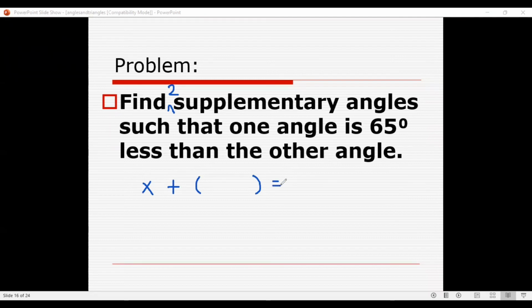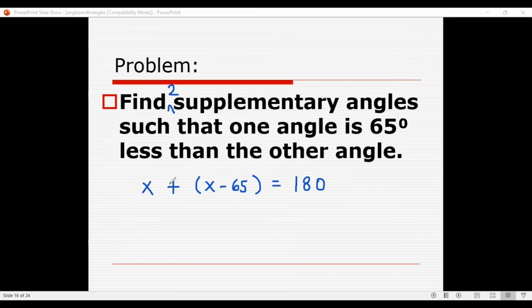If the original measure is x and the other angle is 65 less, we will have to subtract, so x minus 65. And after that, we have a sum of 180 degrees. That is how we are going to translate this problem into this mathematical statement.